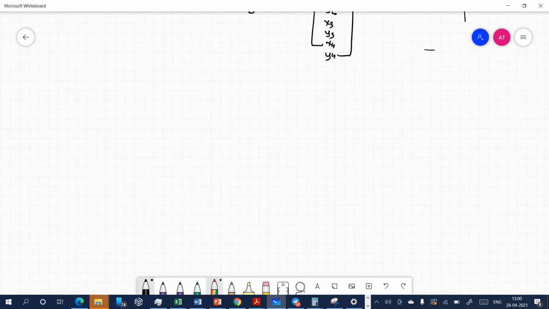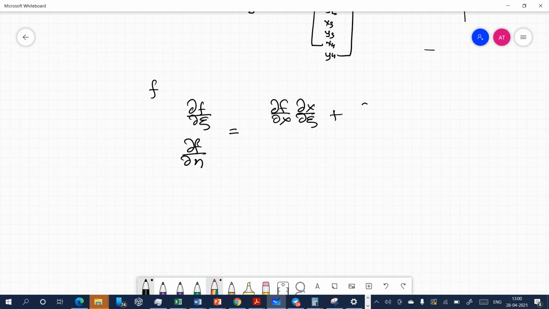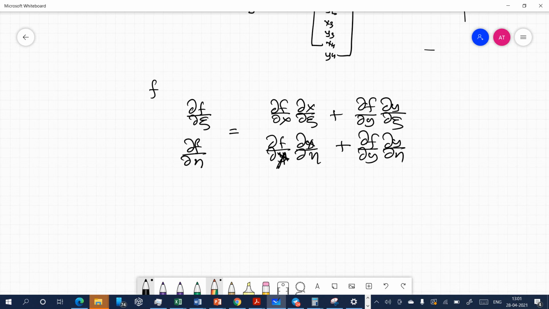Okay, so now if we have a function f and we want to find out the partial derivative of this function with respect to the local coordinate system, so del f by del zeta and del f by del eta, then that simply will be del f by del x into del x by del zeta plus del f by del y into del y by del zeta, and then del f by del x and del x by del eta plus del f by del y and del y by del eta, right?